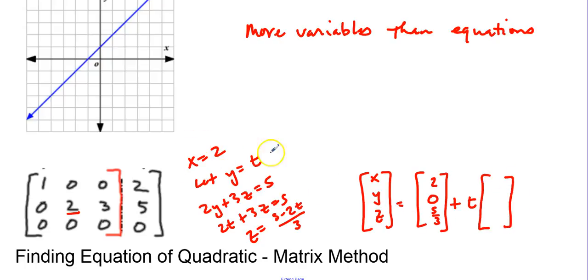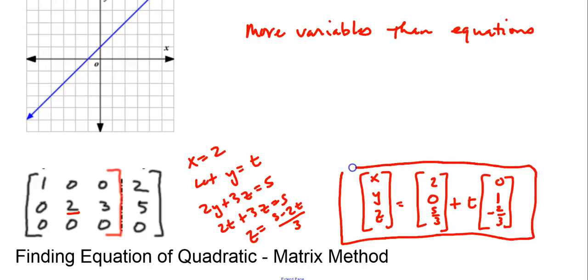So x is not dependent upon the parameter, so we would have a 0 there. y is the parameter, so it's equal to 1t. And then down here we've got negative 2/3 t that we would write. And this would be our solution set to this consistent dependent system. Again, anytime you have more variables than equations, or you end up with a row of zeros, you're going to have to introduce this parameter and write your solution with regards to that parameter.